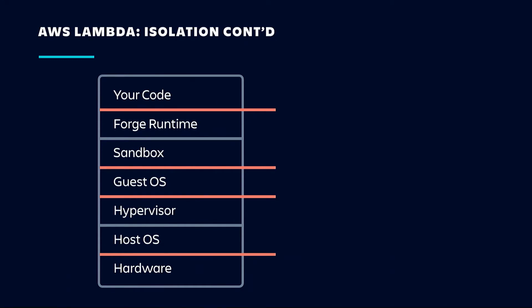So we have at the very top your code, our isolates, our runtime. But there's other gates that malicious code would need to get through to get more access outside, and they're provided by AWS Lambda. The next layer is essentially a sandbox that AWS provides. And you can think of that roughly as something that is comparable to a container.